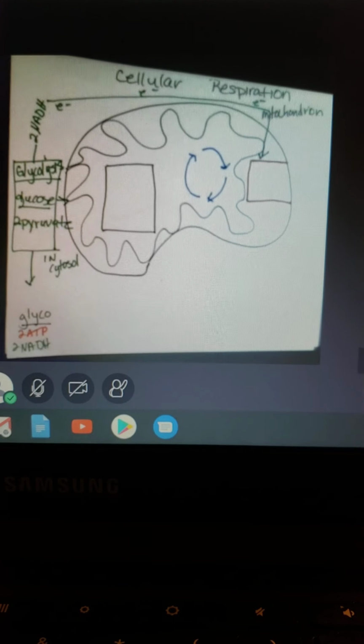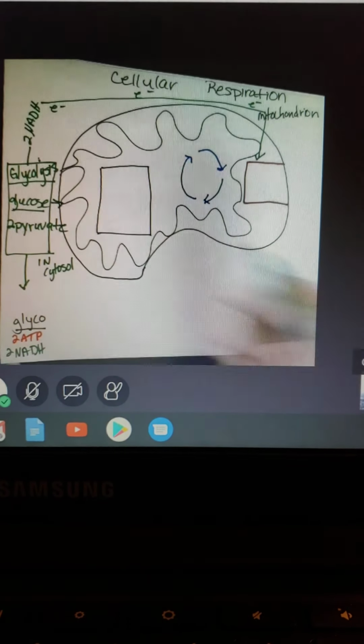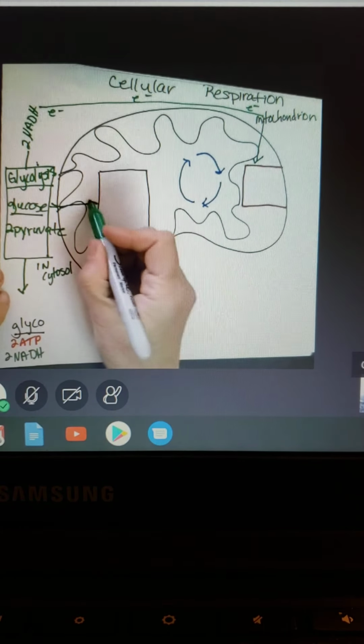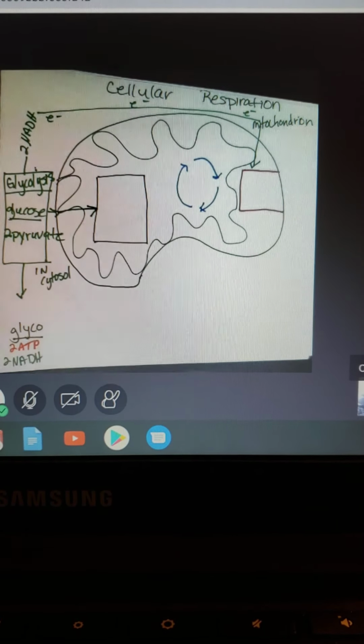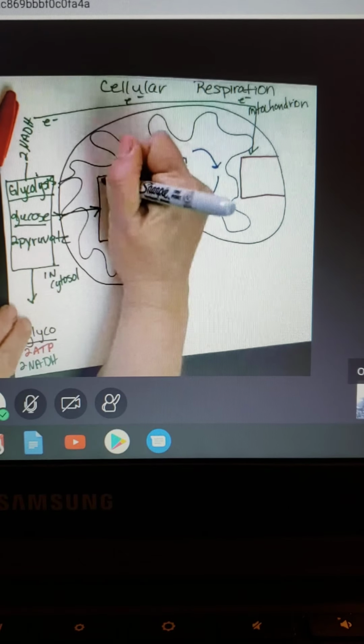So glycolysis, we're going to take glucose. We split it into 2 pyruvate, okay? And we're going to send this pyruvate on to what we call the link reaction or pyruvate oxidation. What is oxidation?